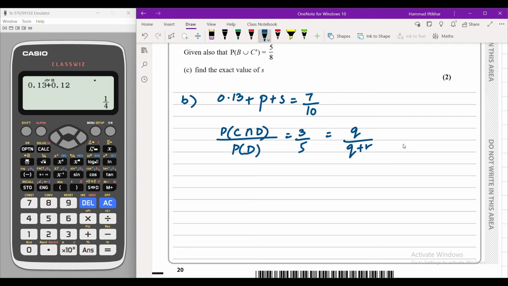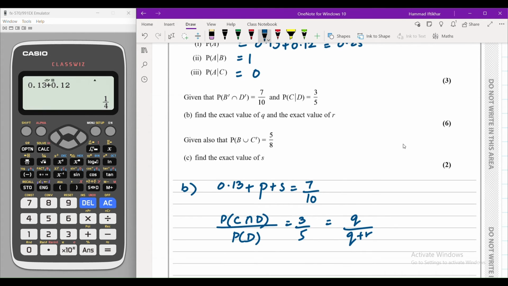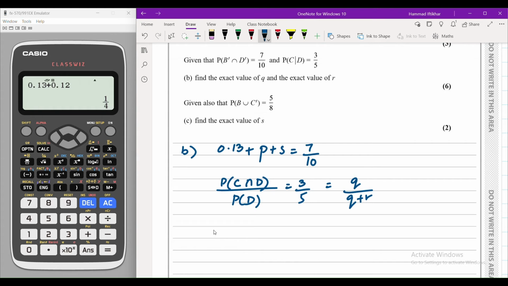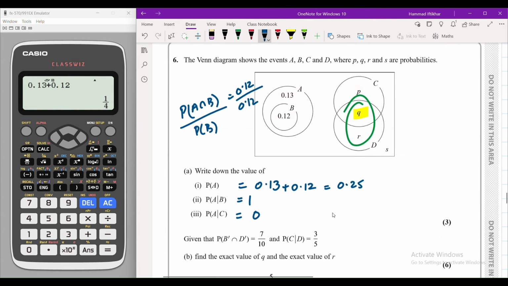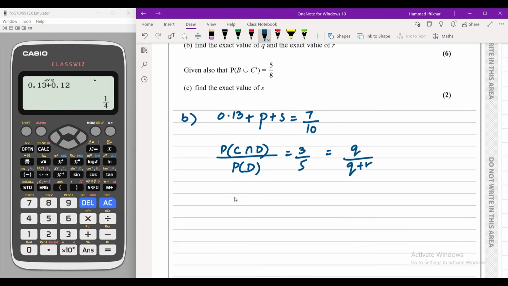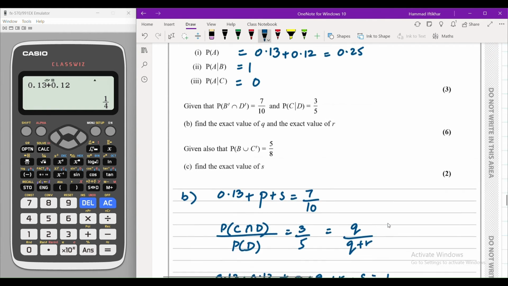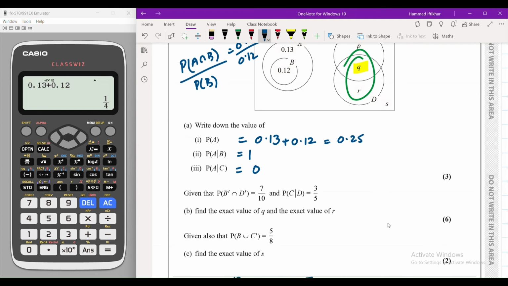Right. Okay. Another relation that we are going to find out is that all of these will add up to 1. So 0.25, basically 0.13, 0.12 plus P plus Q plus R plus S equals 1. Okay, all right. So let's see how we can actually figure both P and the other things out.